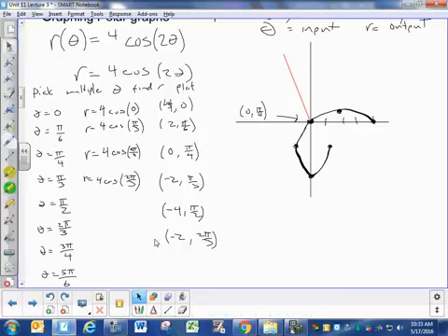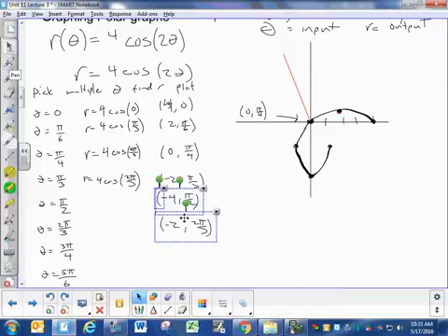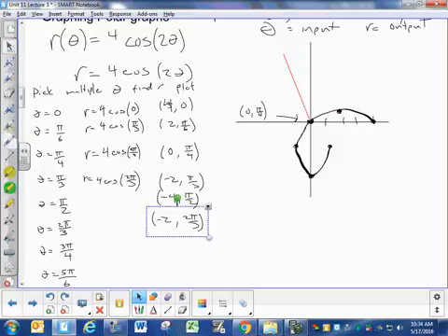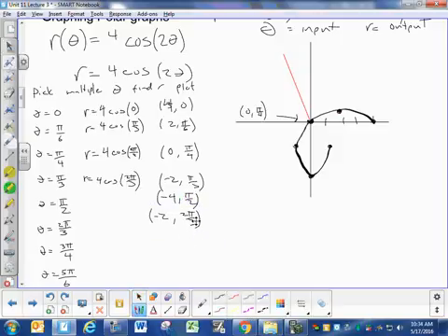Now I did 5 pi over 6. 3 pi over 4 is next. If I do 3 pi over 4, let's see what I'd have. So I plug in 3 pi over 4. I end up with 6 pi over 4, which is 3 pi over 2. The cosine of 3 pi over 2 is 0.